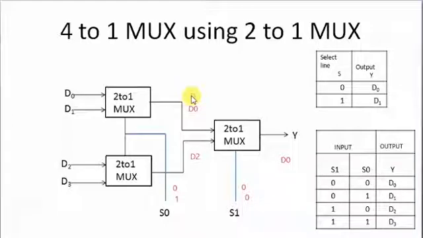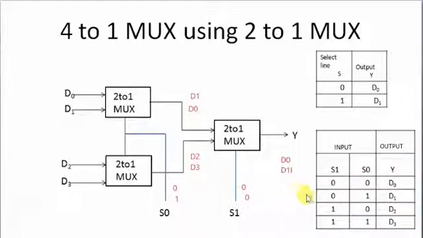So D1 here and D3 here, and here we know S1 is 0. So when the select line is 0 for 2x1 MUX, the first input is selected, so D1 will be selected. So the final output will be D1.